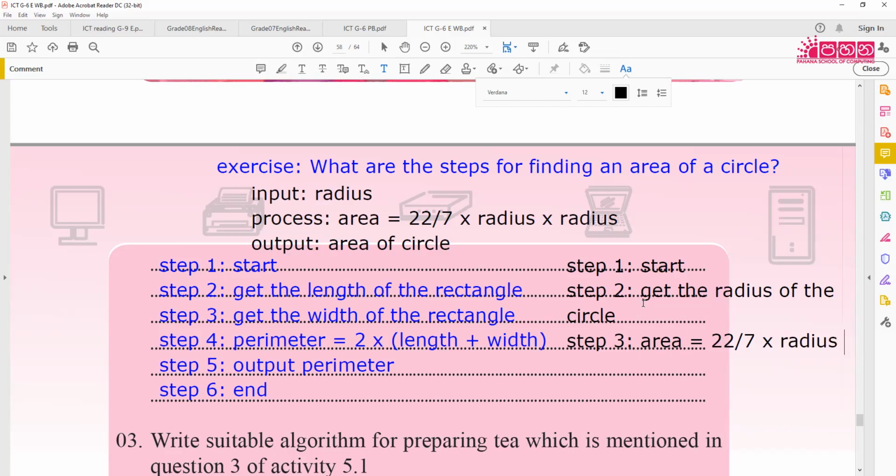Yeah, into radius. And then step 4. Output area of the circle. Step 4.